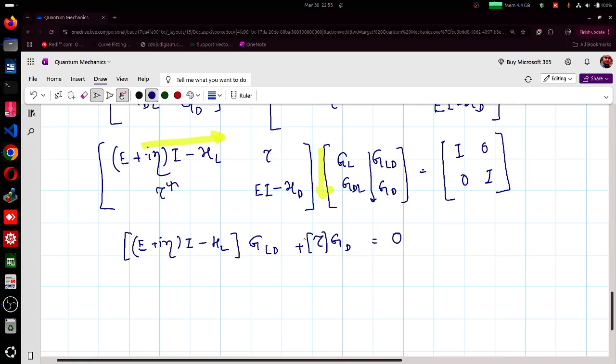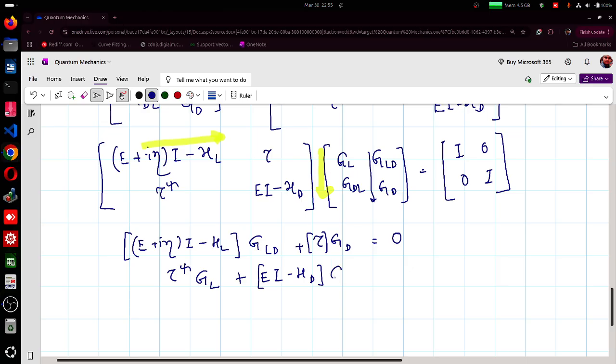This part, and tau dagger GL plus tau dagger GL E I. We will not do unnecessary calculation, that's why we are thinking to calculate only this, okay?